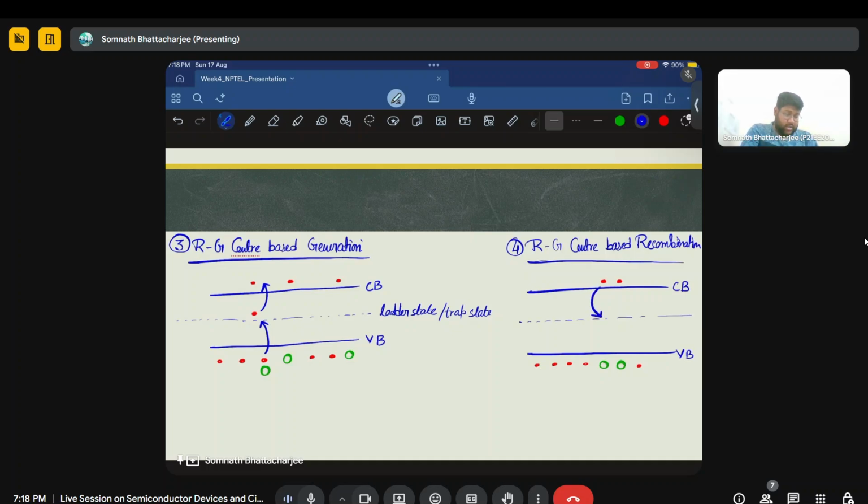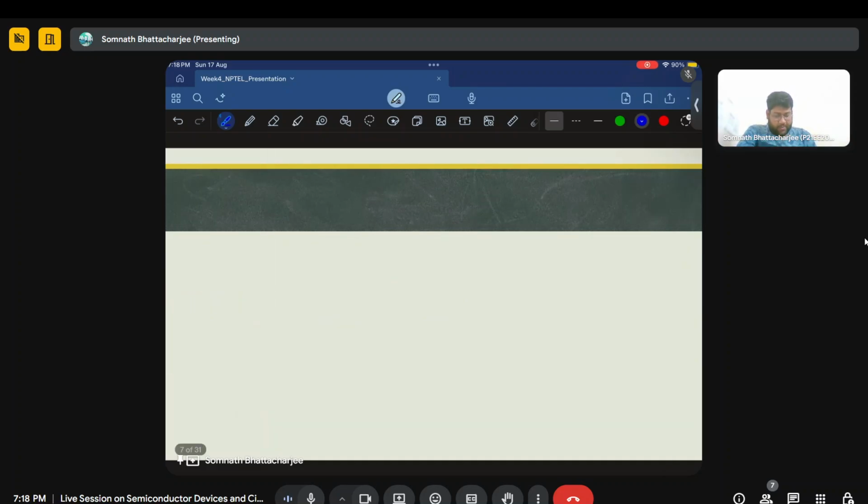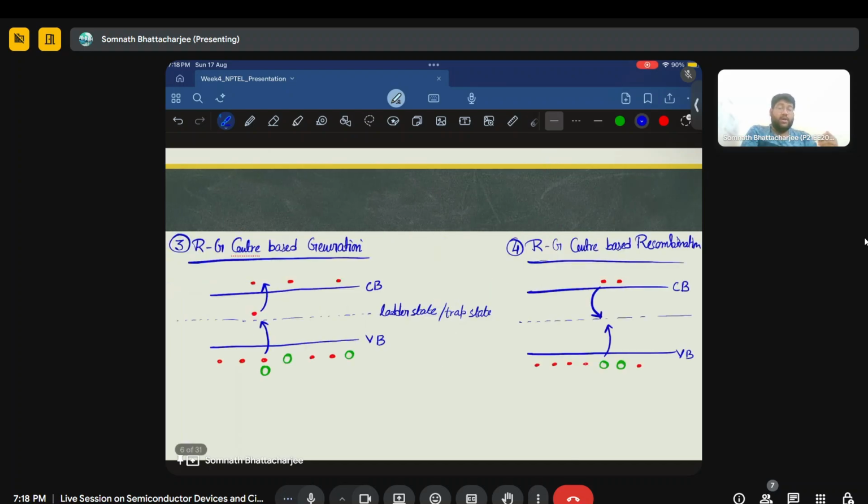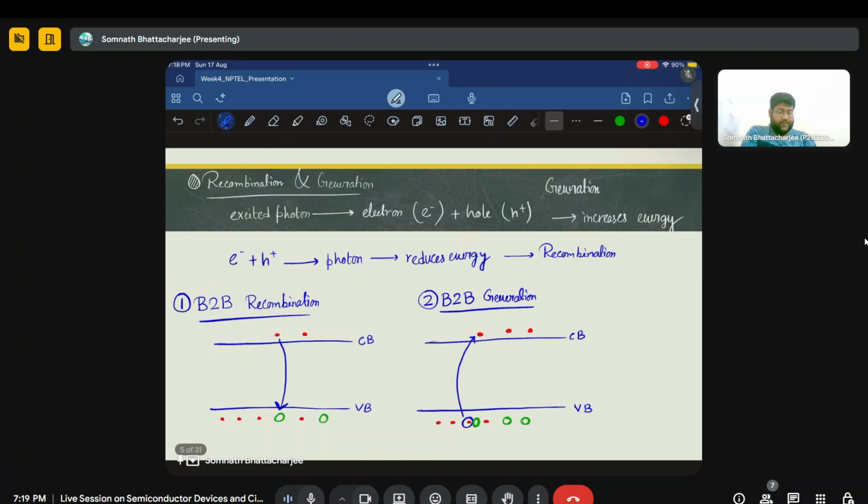It is much easier for an electron to jump to this trap state and also for a hole to jump to this trap state, so they can recombine very easily. It requires much less energy than the previous B2B recombination and generation as well. So these two are the basic phenomena, whereas the second one is much more common than the first one, obviously.